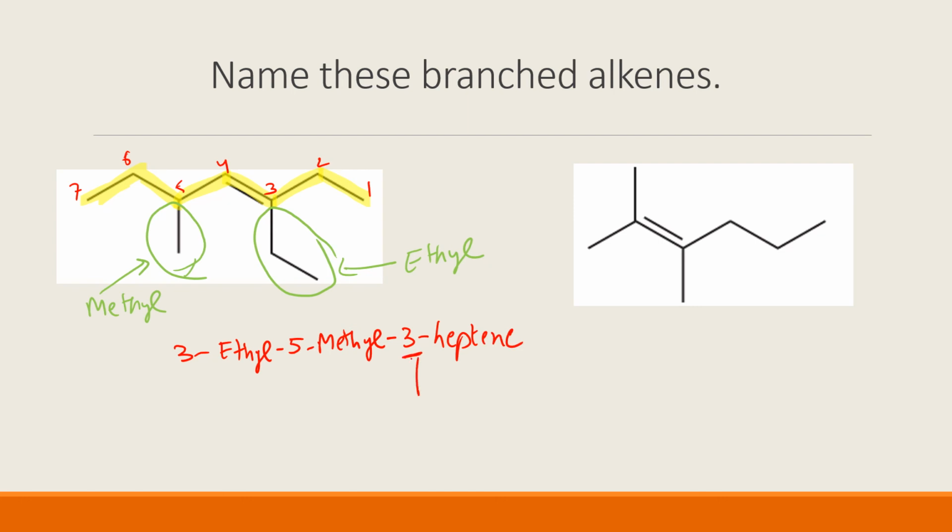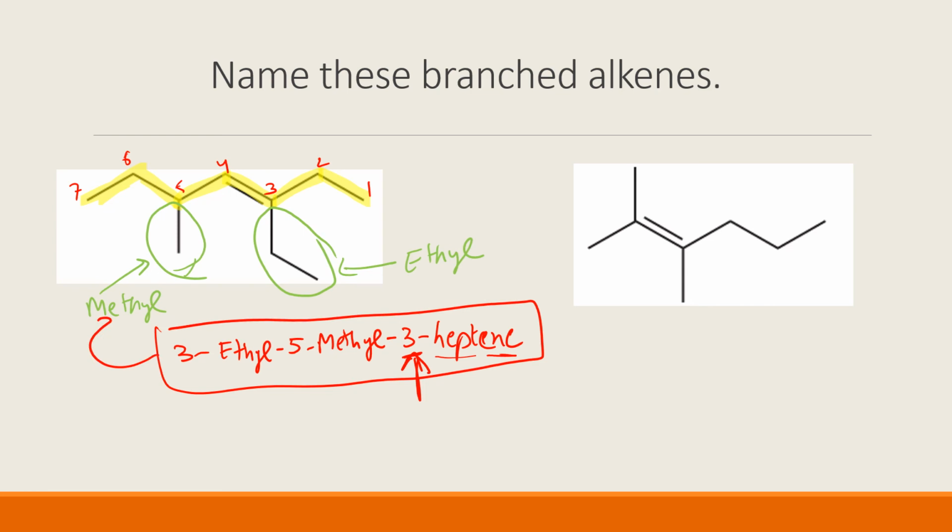This 3 is the locator for the double bond, and hept is because the length of the parent chain is 7, so that's hept. And then ene means it's an alkene. So that is the complete name of this substituted alkene.